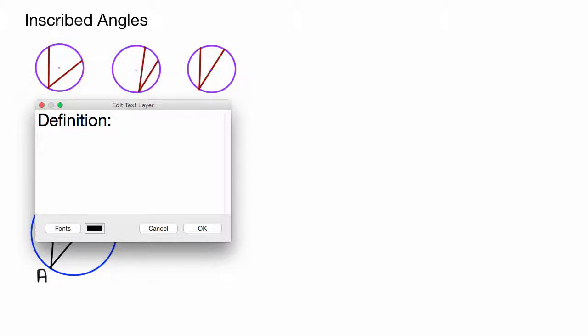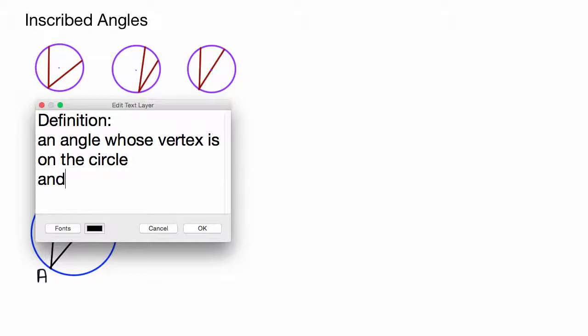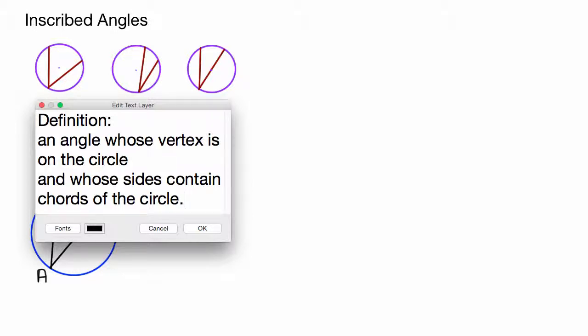And what we had said was that it's an angle whose vertex is on the circle, and whose sides contain chords of the circle. So I think that's a pretty good definition right there.